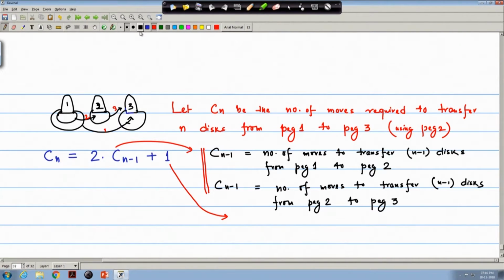This is my explicit move to transfer the largest disk from peg 1 to peg 3.